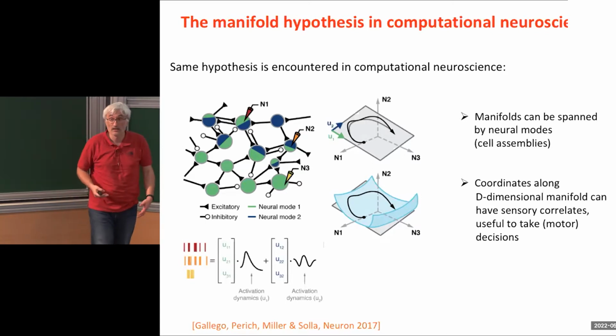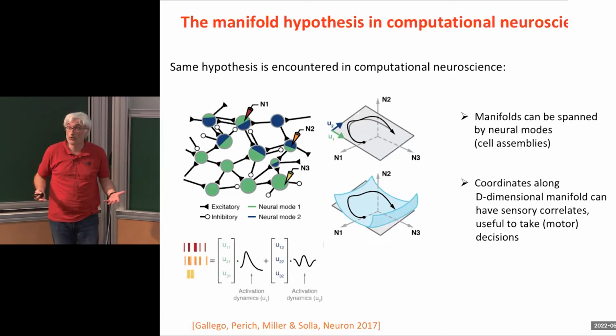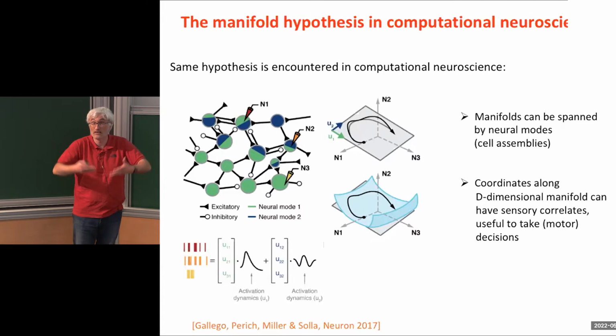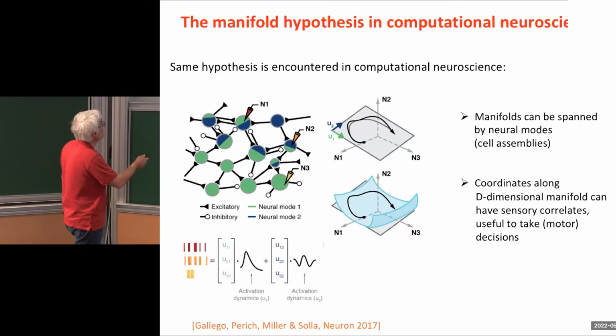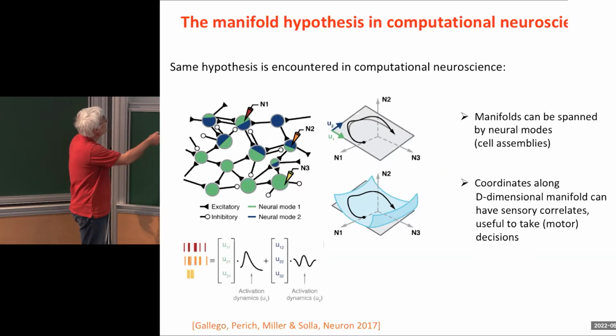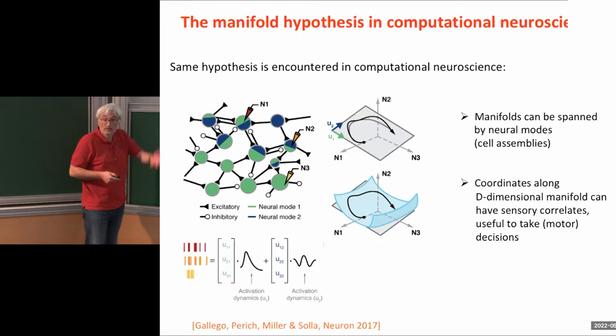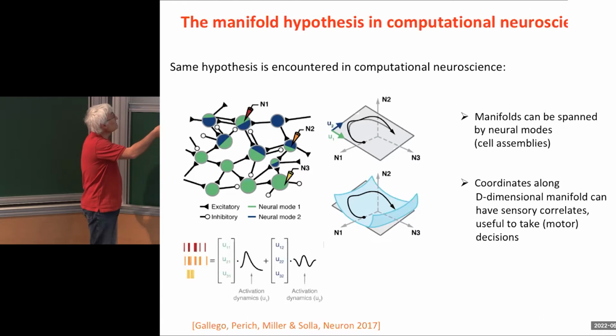And the idea is that this population of neurons may express some kind of collective dynamics. In the simplest case, you could think that this collective dynamics can be written as some coordinate, which depends on time, times some vector of dimension the number of neurons. And it's more or less active depending on the value of this coordinate.